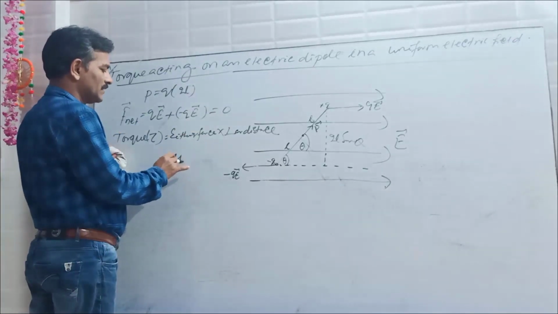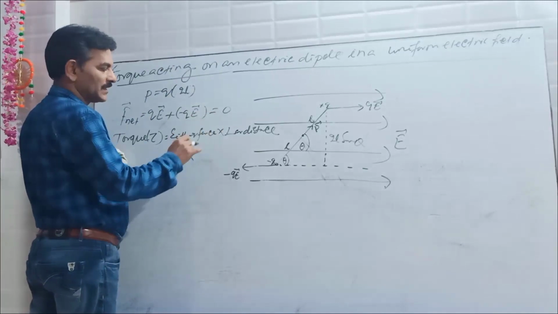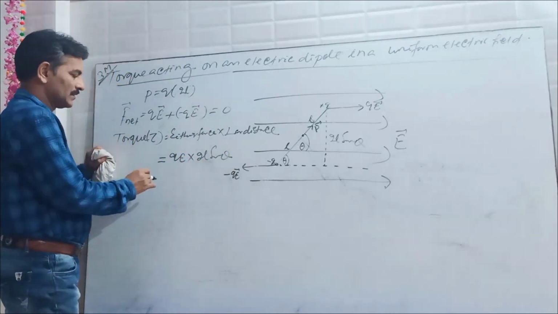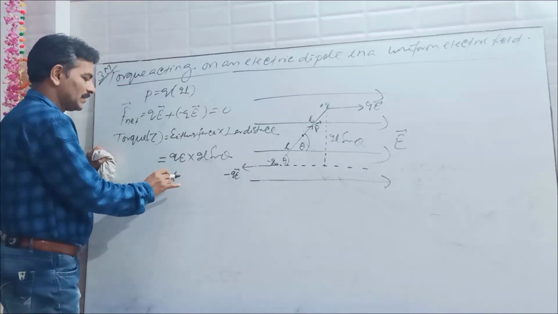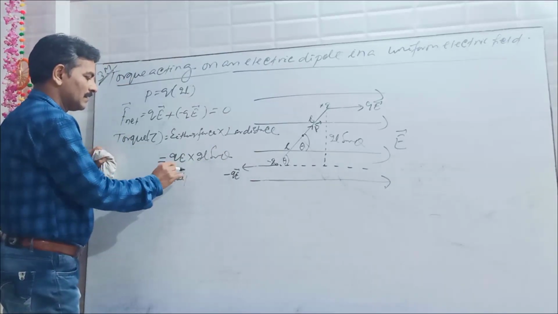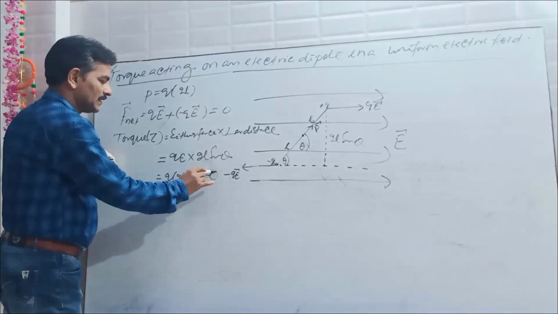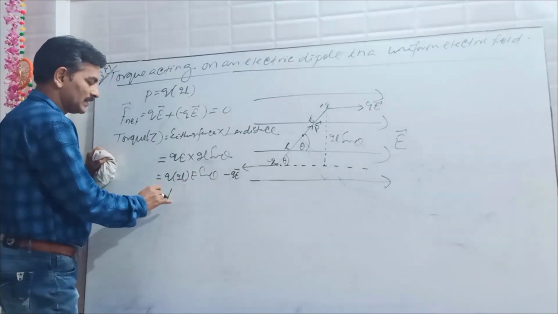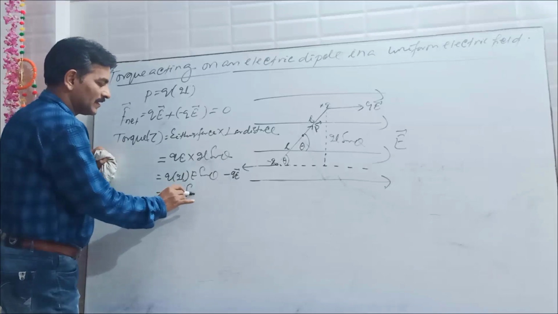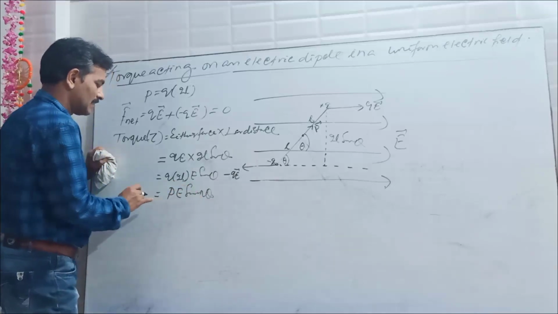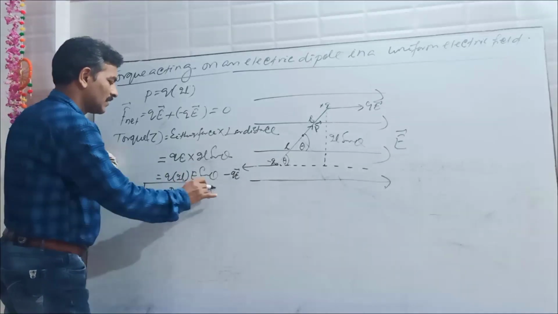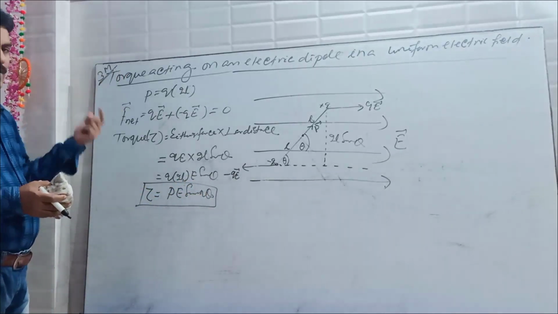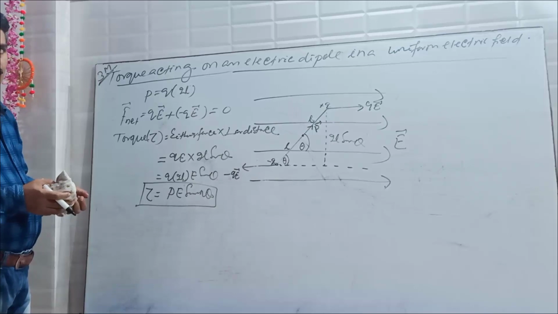So either force is qE, perpendicular distance is 2l sin theta. So qE into 2l sin theta. Okay, so q into 2l is p, so pE sin theta. It is the expression for torque acting on an electric dipole placed in a uniform electric field.